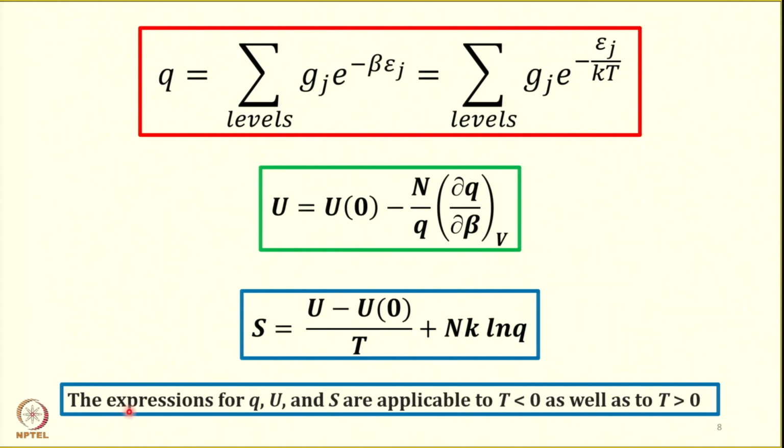The expressions for Q, U and S are applicable both for T less than 0 and T greater than 0. But then what does it mean? What is the meaning of negative temperature? That we will discuss in the next lecture, and how this negative temperature can affect the variation of partition function with temperature, or variation of internal energy and entropy with temperature. We will discuss this in the next lecture. Thank you.